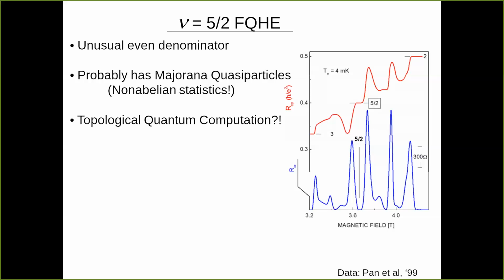Okay. Just one other thing: is there any other option theoretically for the 5/2? Yeah, I'll give a list of some of the things people have suggested for 5/2 in a moment, and what we think theoretically about it as well. Okay, so if they are Majorana, what is the non-abelian group?